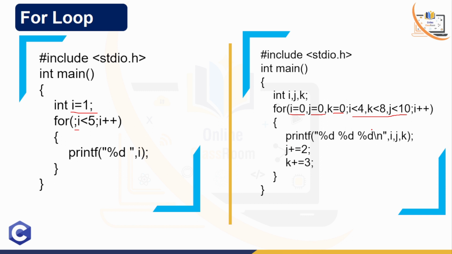It means i is less than or equal to 4, k less than or equal to 8, and j less than or equal to 10. This is also supported, but look, these are separated by commas only, and expression 1 ends with a semicolon. Now expression 2 also has another semicolon, right? But here the increment is i++, and I increment the value of j by 2 and the value of k by 3, right?